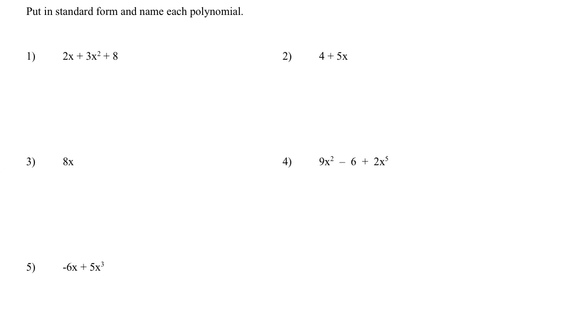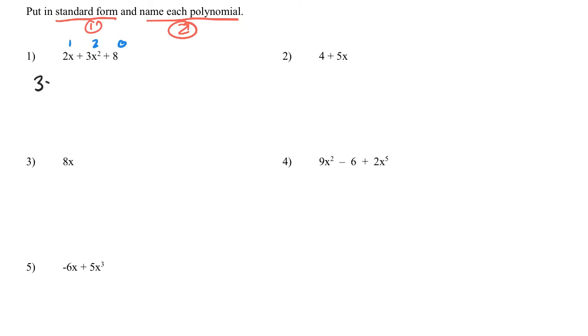So the instructions say, put in standard form and name each polynomial. So we have 2 things that we want to do. So this first guy is not in standard form yet. So I want to make sure to put it in standard form. So we have a first degree term, second degree, and then 0. So I want to put them in biggest to smallest.